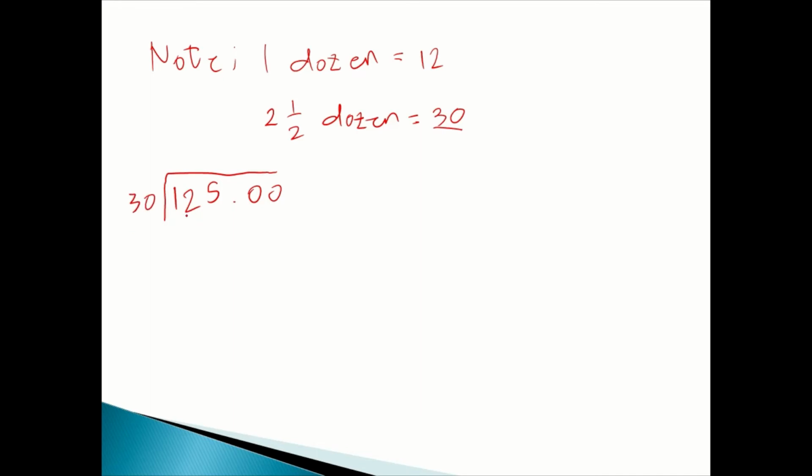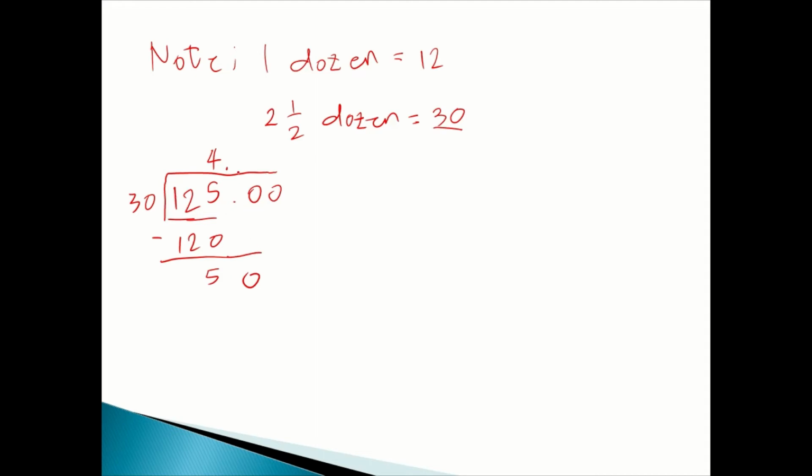We cannot divide 12 by 30, so we proceed with the 3 digits. 125 divided by 30 is 4, because 4 times 30 is 120. As we subtract, we follow the process. That's 5 here, and we bring down 0. We write the point here because we move on to the decimal place already.